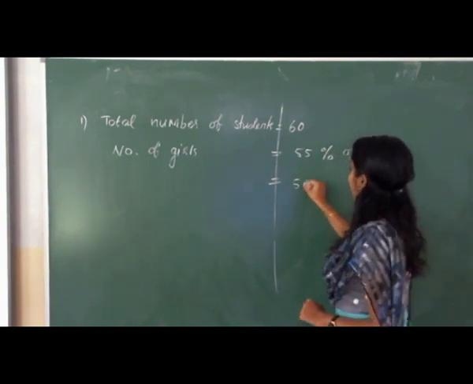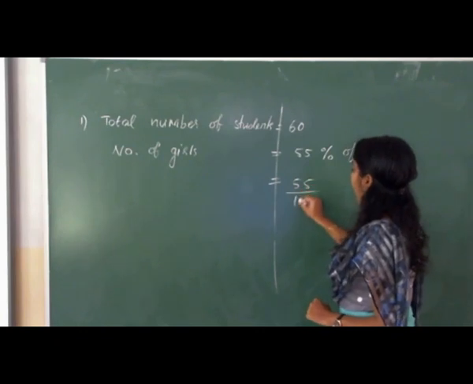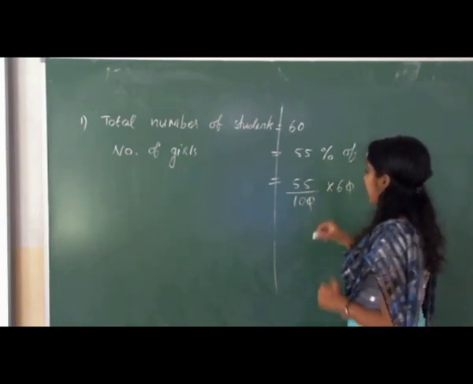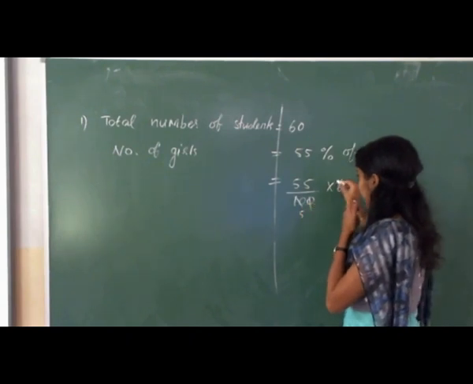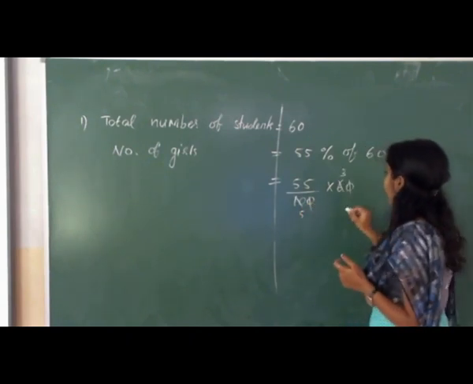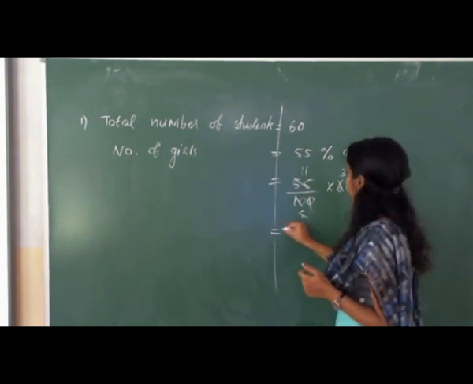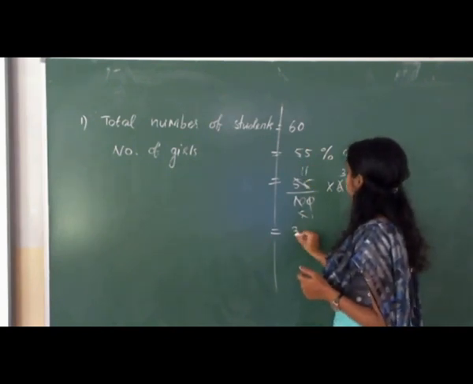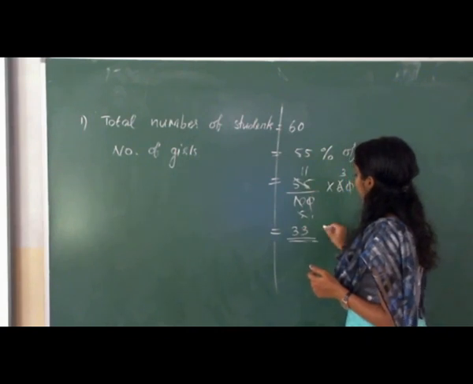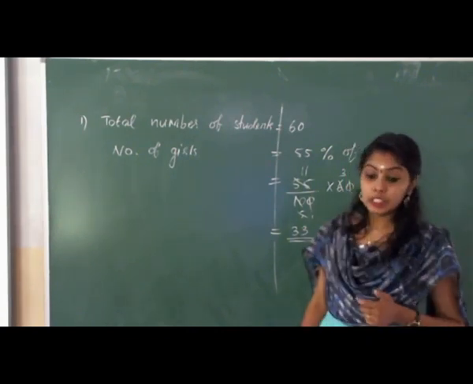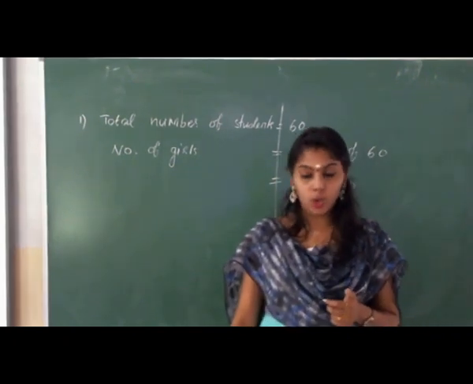That is 55 by 100 into 60. Then 5 2s are 10, 3 2s are 6, 5 in 55, 11, 11 into 3, 33. So 33 girls in total.